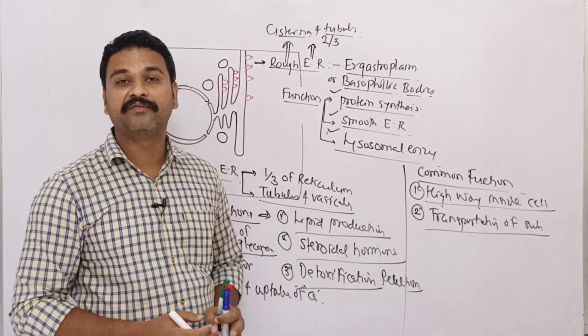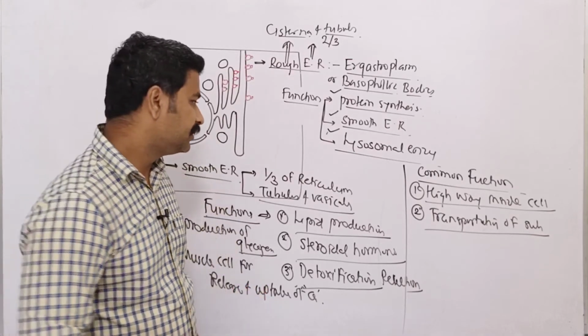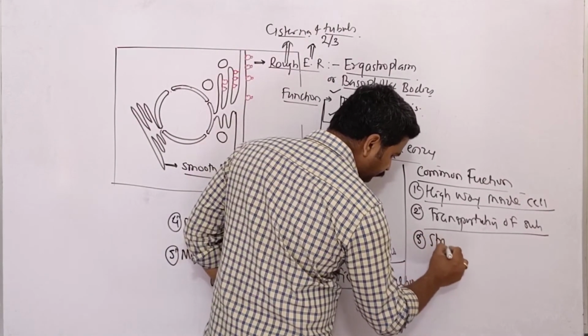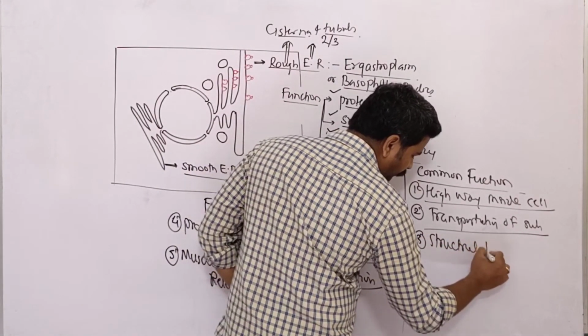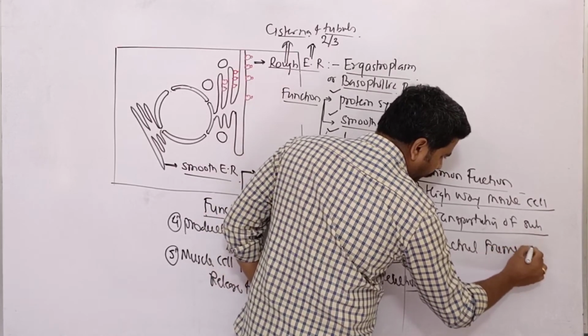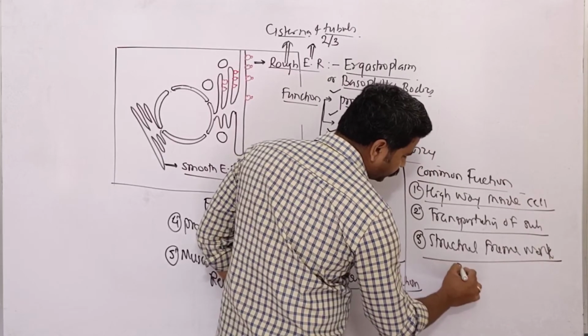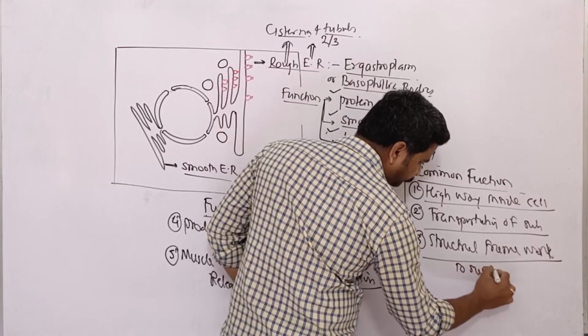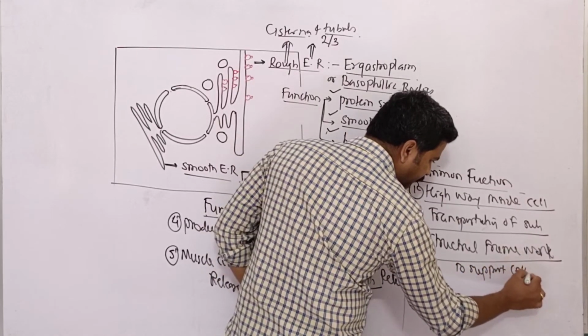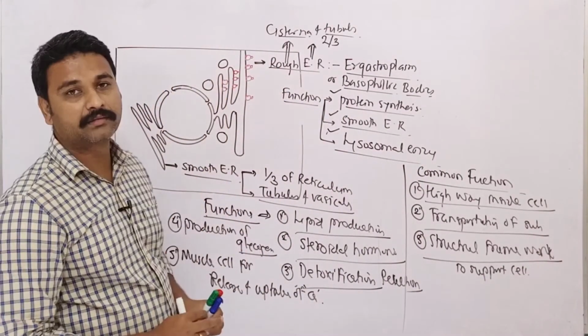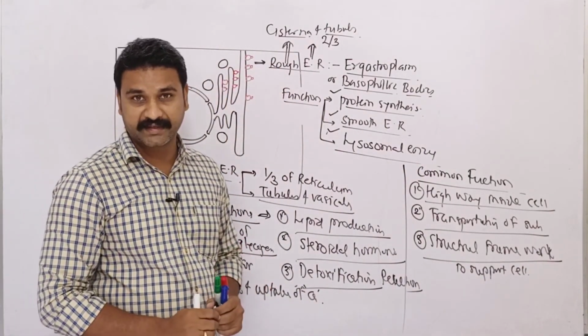Additionally, as they are reticular, network-like structures, they can also help the cell in forming a framework. So they provide the cell a structural framework to support the cell. Due to their reticular pattern, they support the structure of the cell.